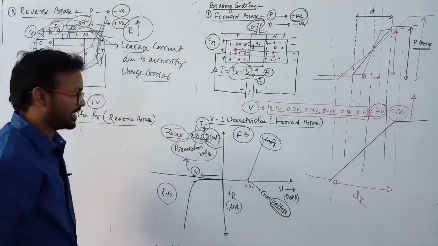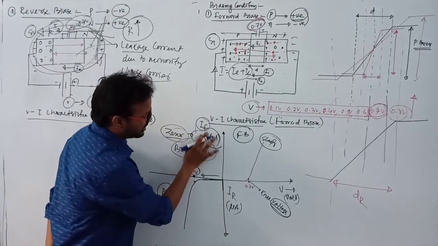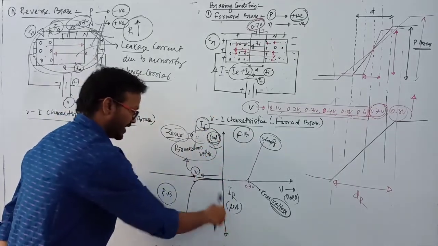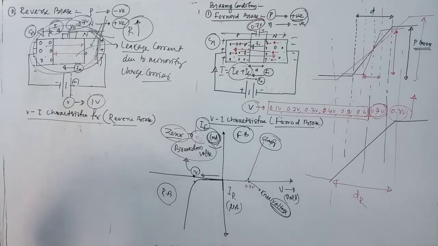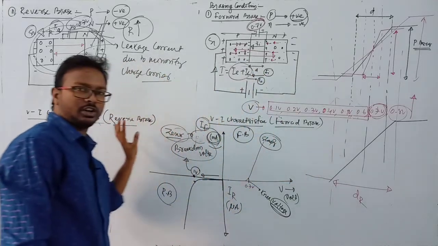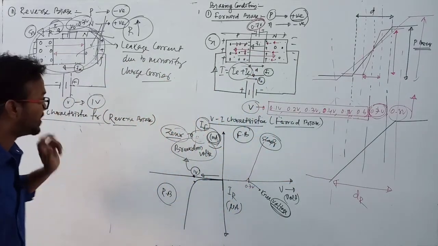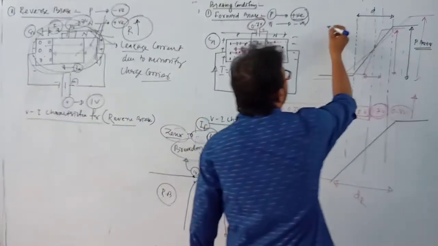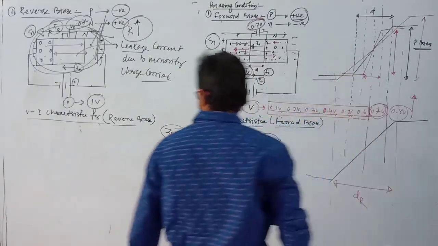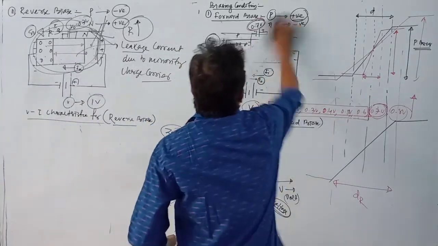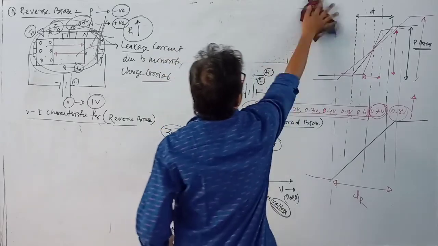Because this is a very small current, and this forward current is always measured in milliampere, which is positive direction, and this is a negative direction. Clear? So these are all about the biasing condition of forward bias and the biasing condition of reverse bias case. Clear? So in this case, for forward bias case, I am writing here for forward bias case and reverse bias case.